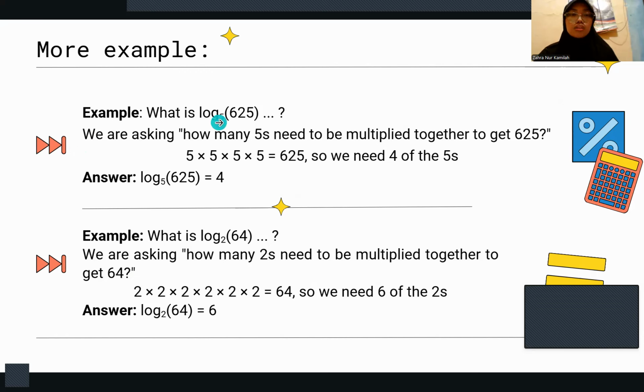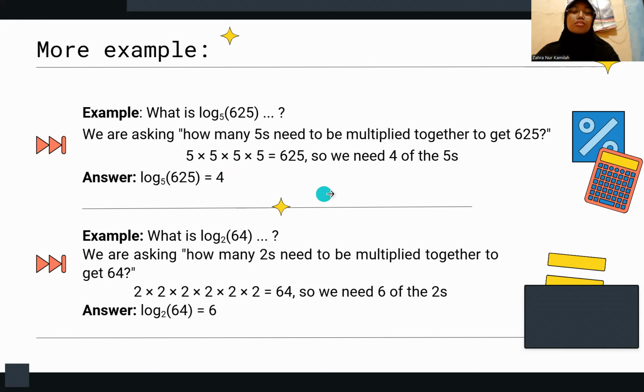What is log base 5 of 625? We are asking how many 5s need to be multiplied together to get 625.